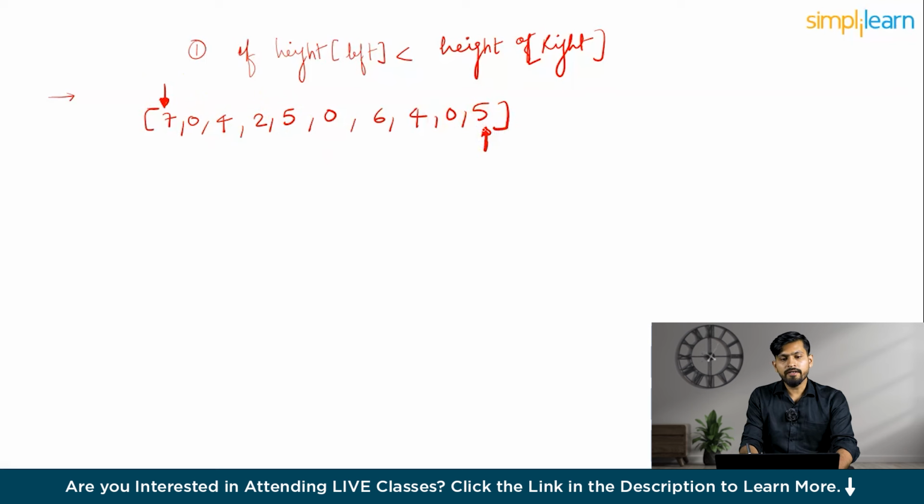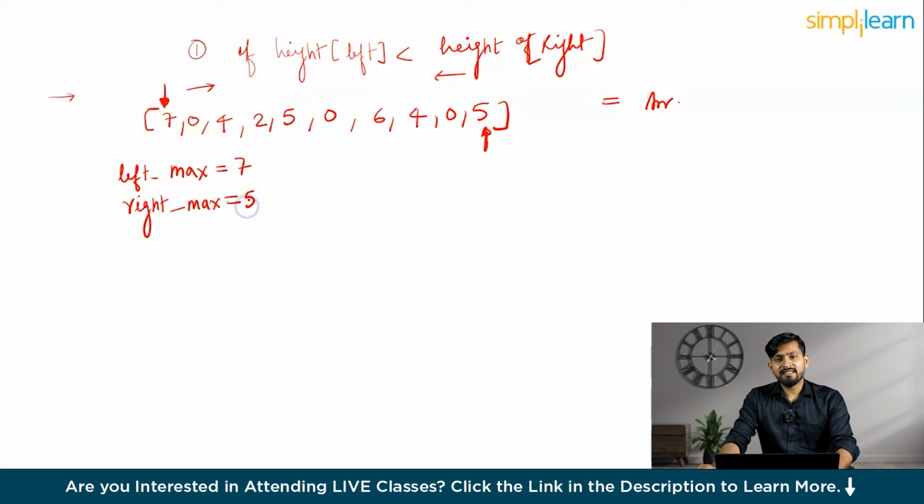Now, as the pointers move towards each other, what will happen? When the left max is 7 and the right max is 5, let us declare the variables. Left max is 7 and right max is equal to 5. So here, what is the height?